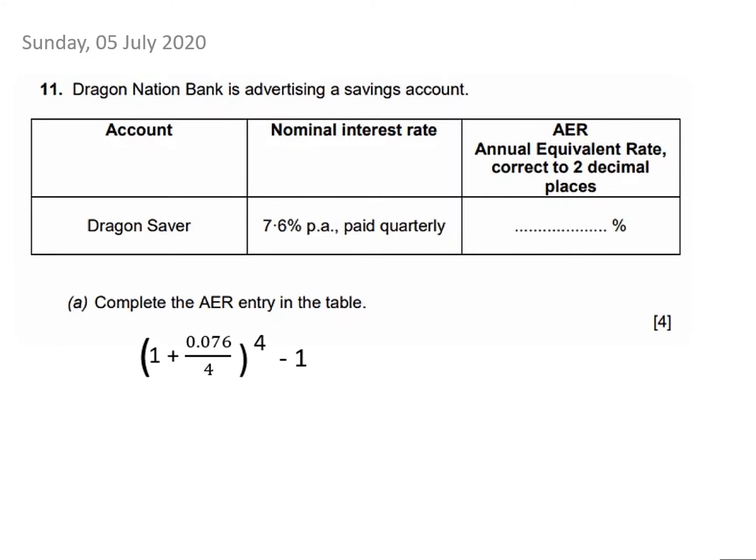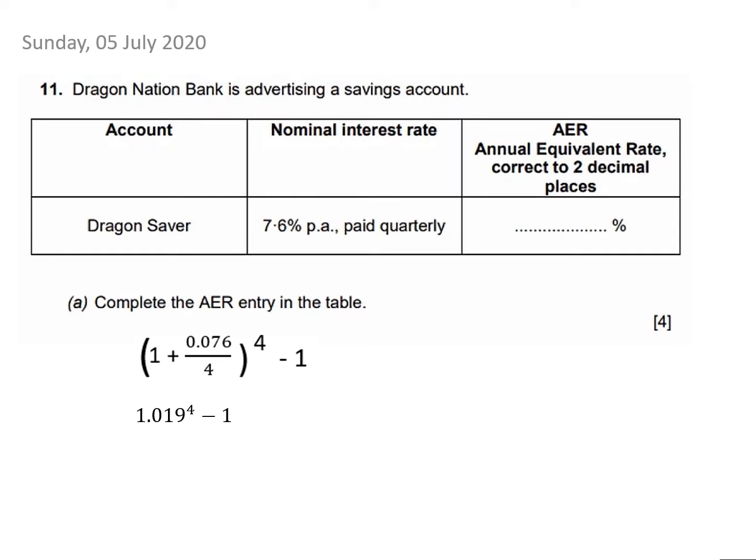So if we put that into our formula, we get 1 plus our I, 0.076, our nominal interest rate as a decimal, and we're dividing by 4 because there are 4 quarters in a year. So first thing to do, work out the value of the bracket, which comes to 1.019.